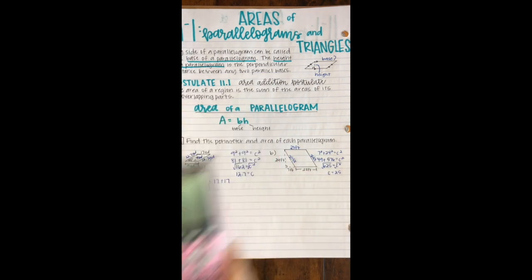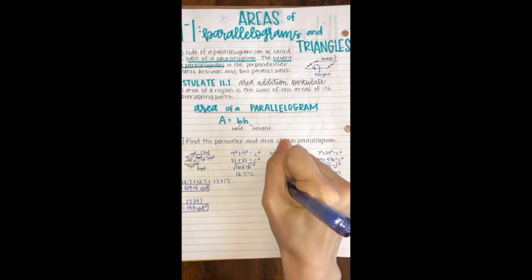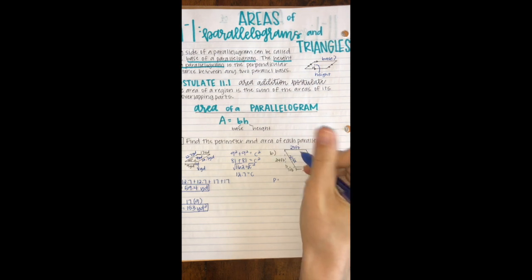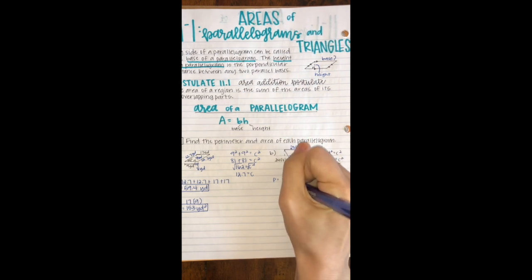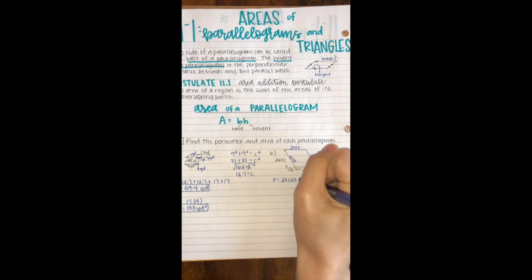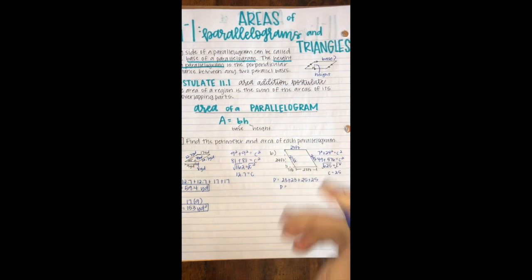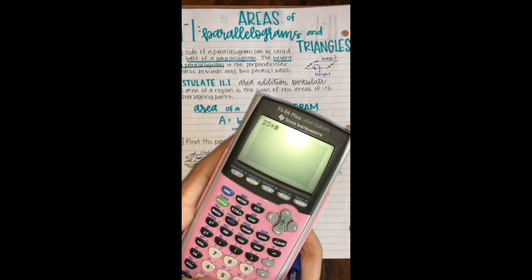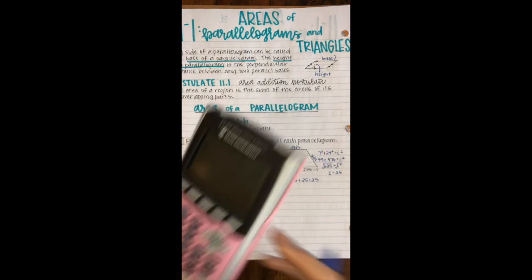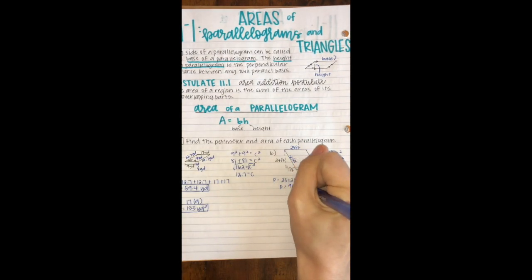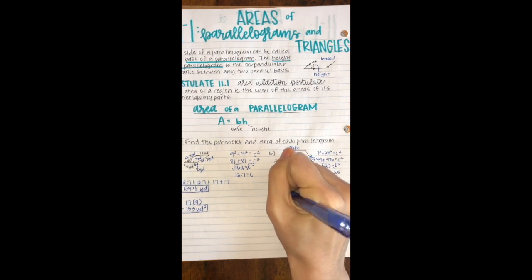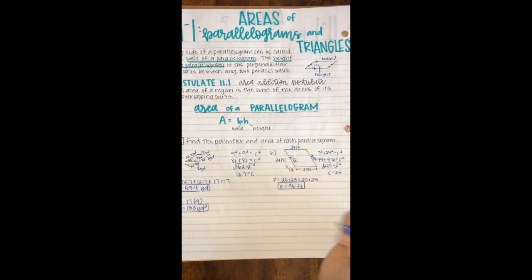So then again, our job is to find perimeter and area. So for perimeter, we're going to add up 23, 23, 25, 25. So our perimeter, I think that's 96. Yep, is 96 feet. Again, just feet. We do single units for perimeter.